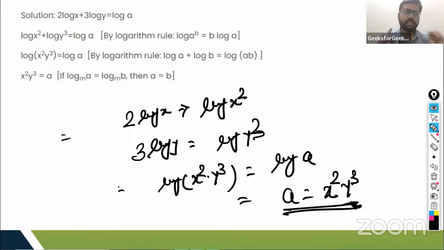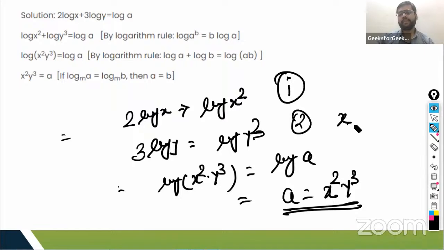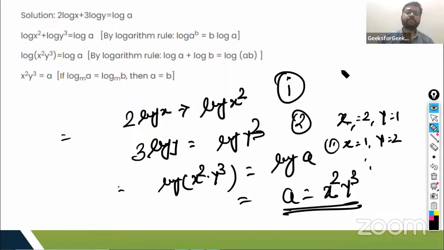Now, in the examination, they didn't ask only this question. This was part A of the question. Okay. Now, correspondingly, they ask a second question, they have given option A: x is equal to 2, y is equal to 1. Then option B is x is equal to 1, y is equal to 2, like this. They have given 4 options and they have asked at which option the value of a will be a negative integer, something like this, which has the perfect square root possible.